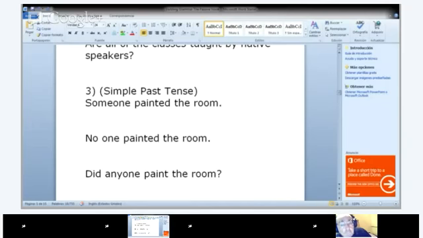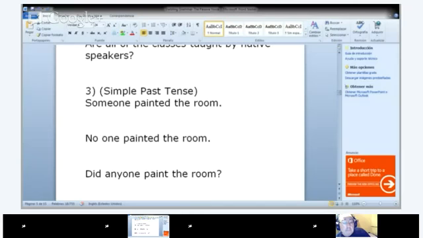Excellent. No one was painting the room. Okay. No one was painting the room is an excellent statement. Now, this is active, though. So in that sentence, the person was or was not painting the room.